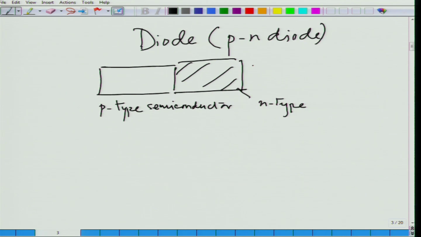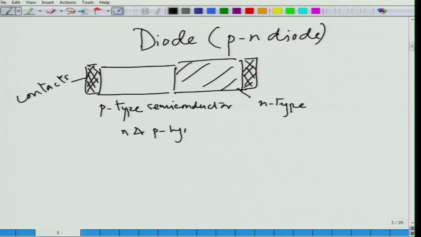For the time being, although there will be contacts on the two ends, let us assume that these contacts are ohmic and there is no intervention in the diode characteristics because of the contacts, and hence we are only looking at the property of the n and p type semiconductor and the junction, the p-n junction.